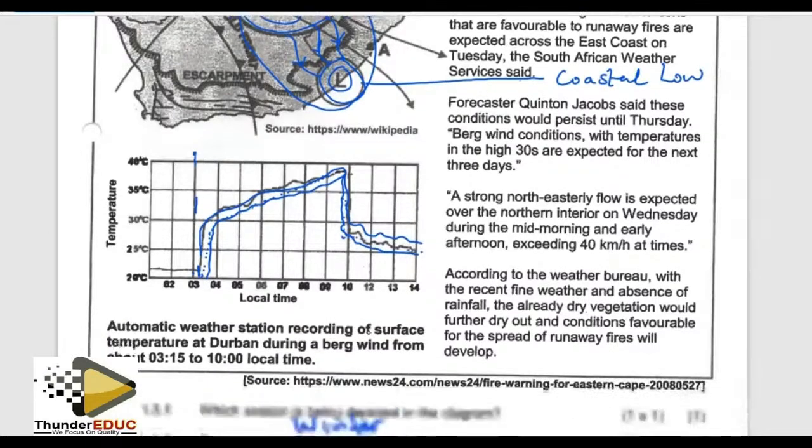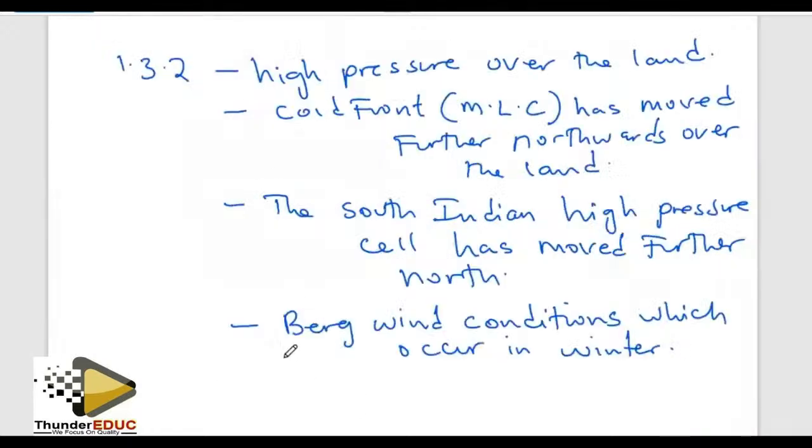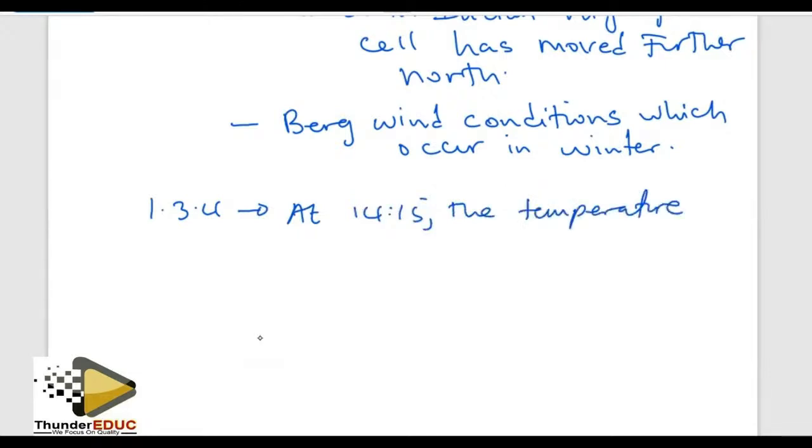So we are going to say, with the reference, let's use our blank page. This question 1.3.4. That at 0315 the temperatures were rising.